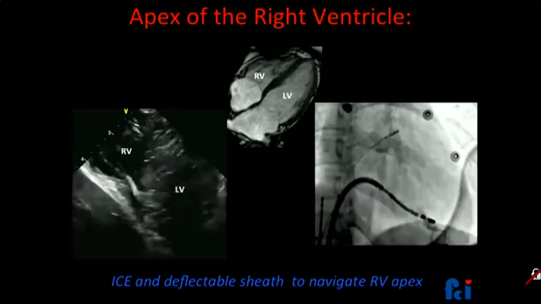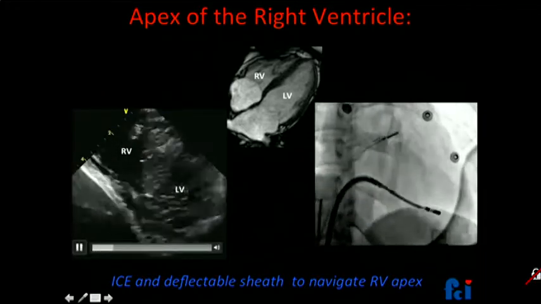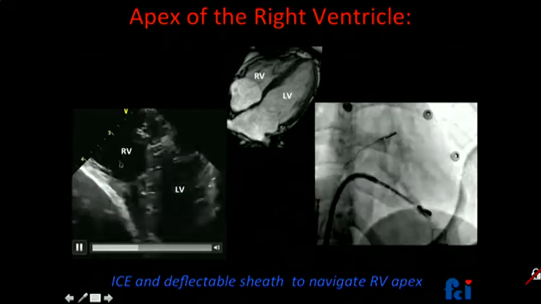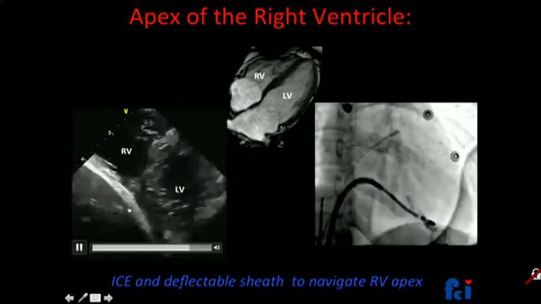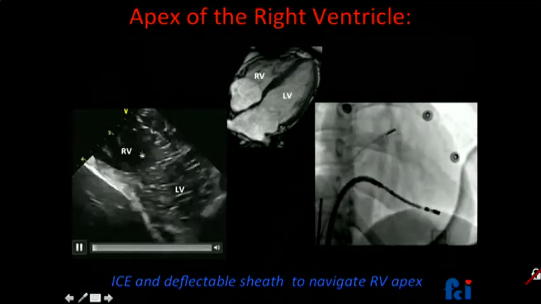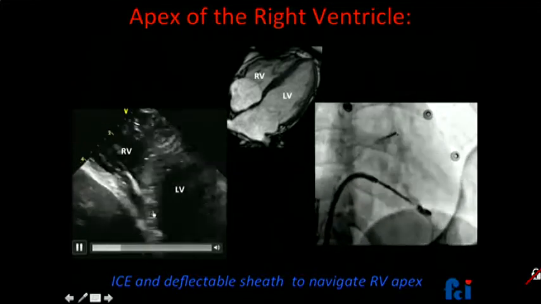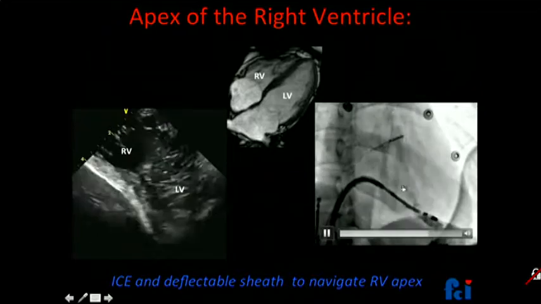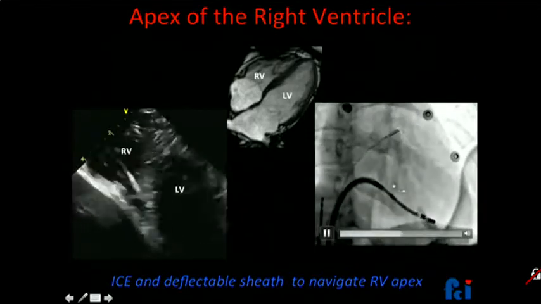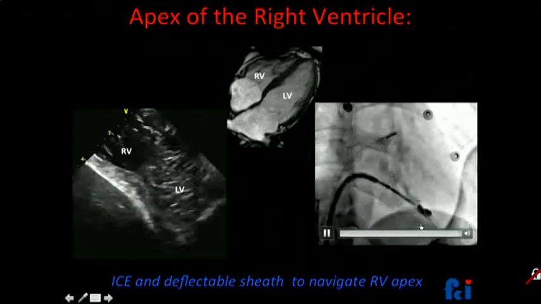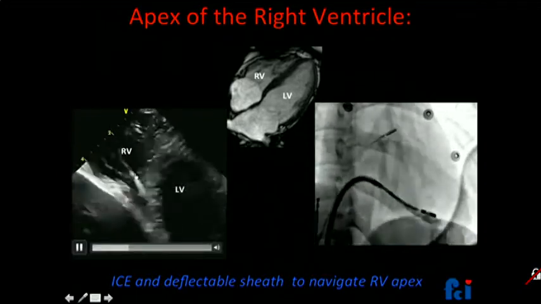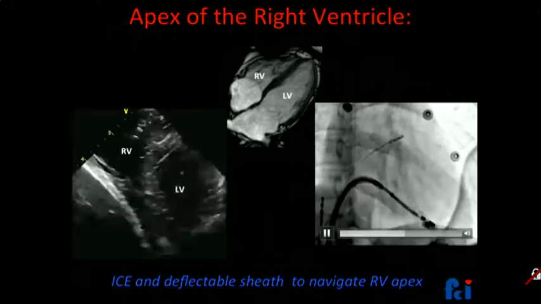You can see the tip of the left ventricle on the screen, the right ventricle here, and you can see here precisely between the tip of the left ventricle and the free wall, we find the apical recess of the right ventricle where we can advance the catheter. And on fluoroscopy here, we see an injection from the irrigation catheter and how it reflects this anatomy very well of a recess of the tip of the right ventricle.